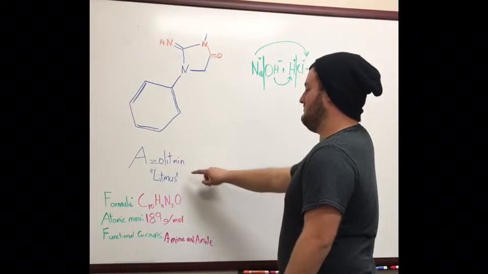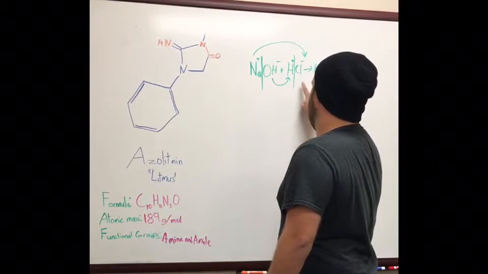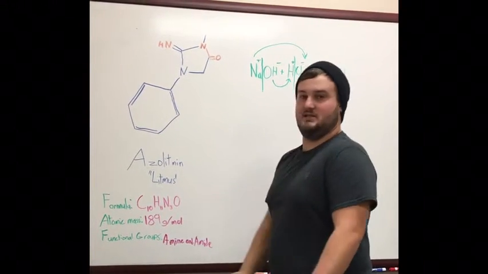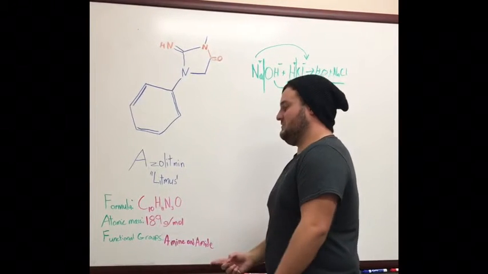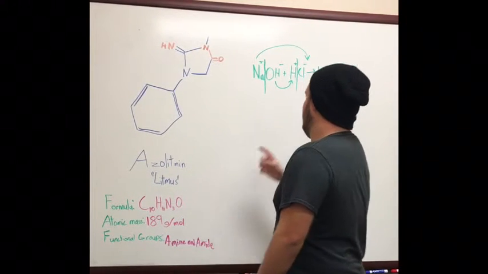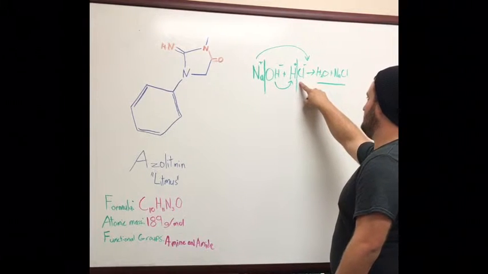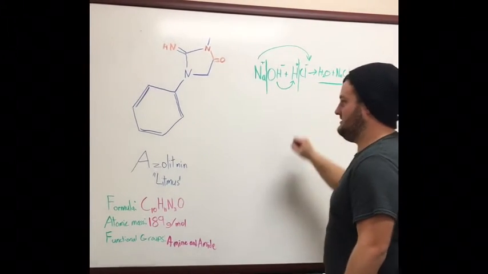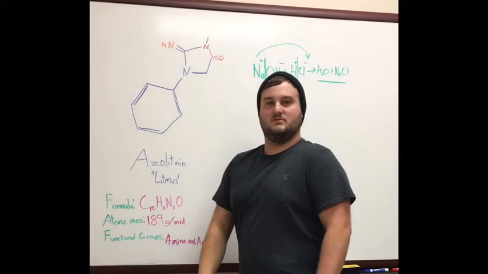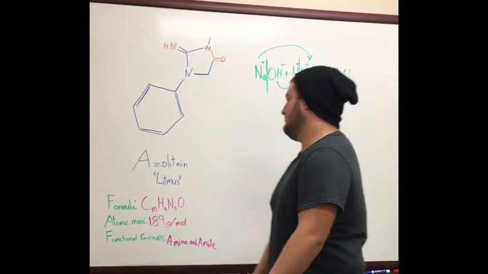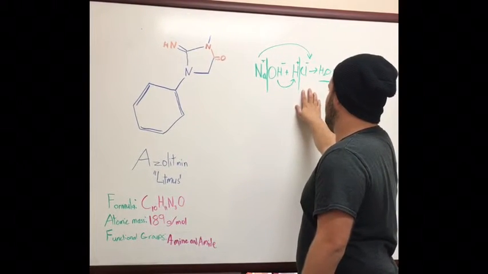However, if we take the same litmus paper and add HCl, which is acidic, then our blue litmus paper would take the hydrogens from this chlorine in the same manner in this reaction, and our litmus paper would become red, which would prove that we have an acidic solution.